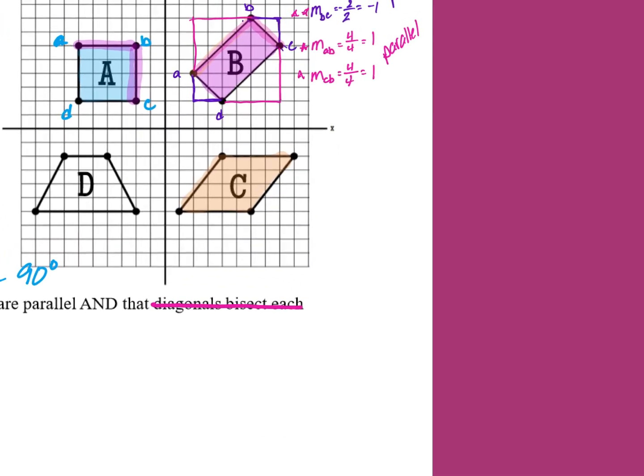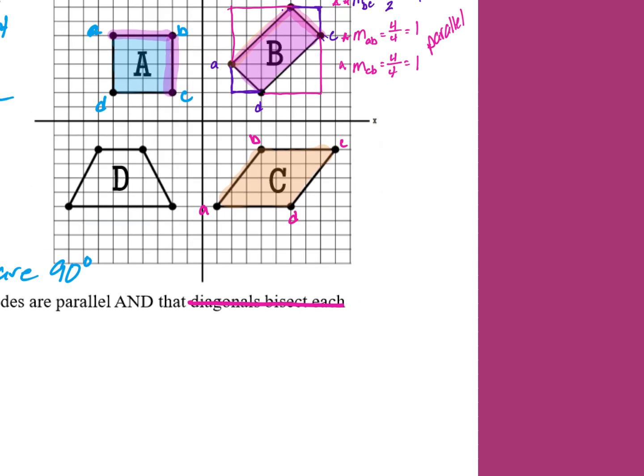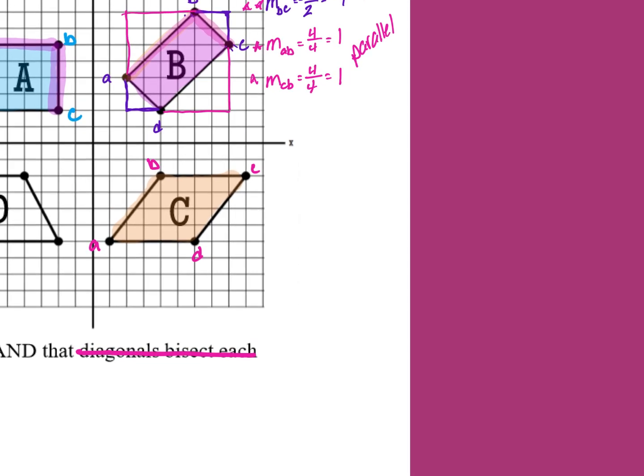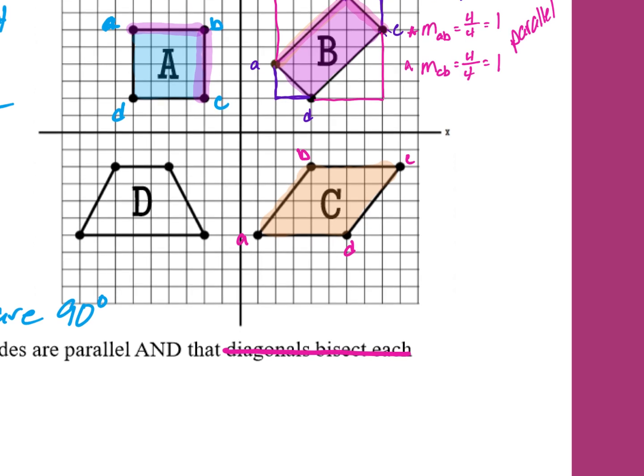So let's label these again. A, B, C, and D. Now we actually have to find the distance of some of these, because all sides have to be the same length. So let's do the easy sides first.